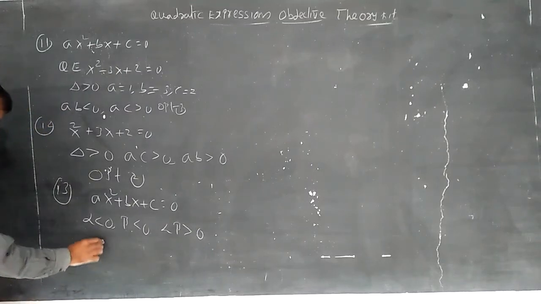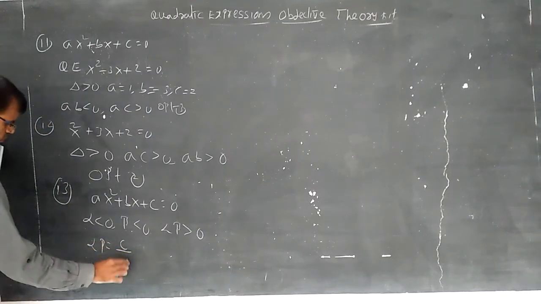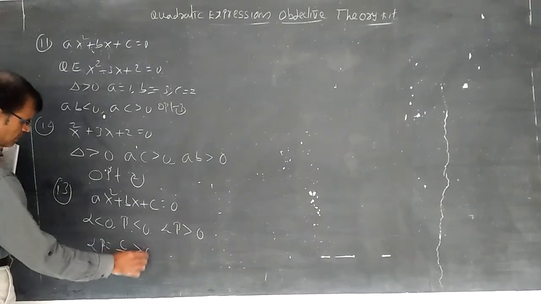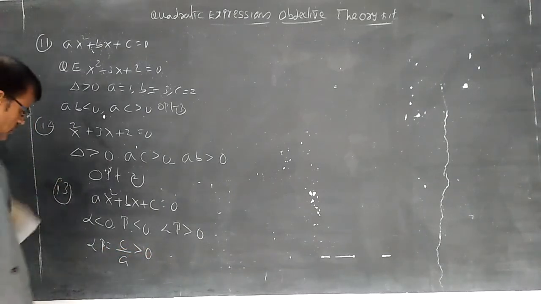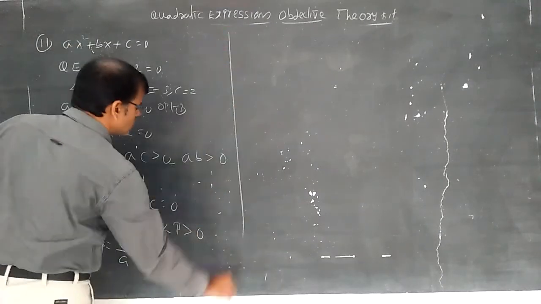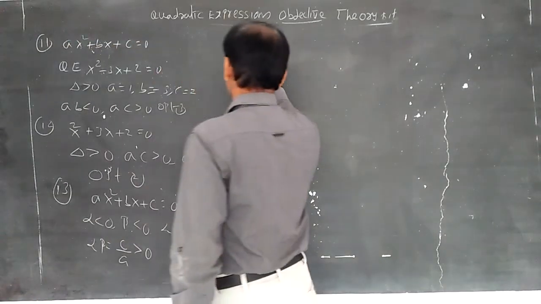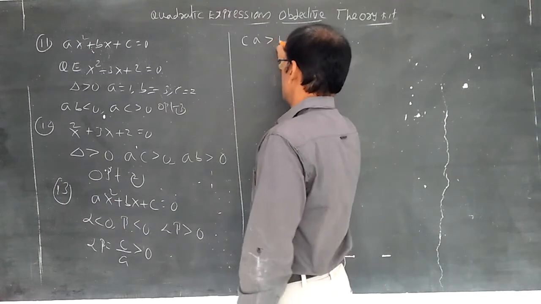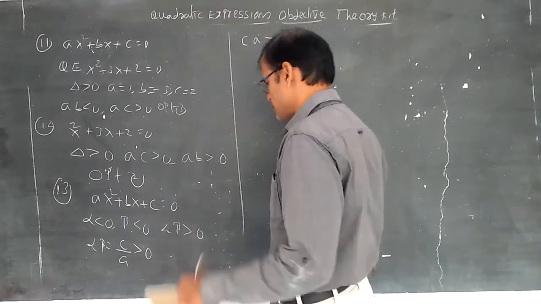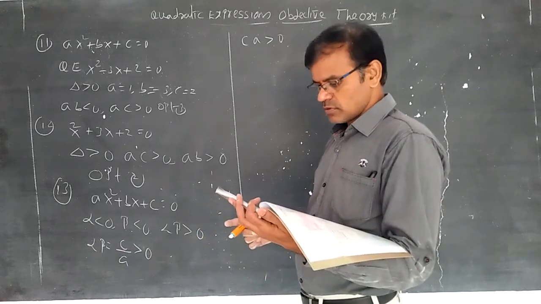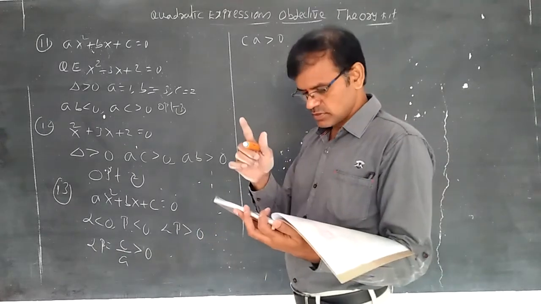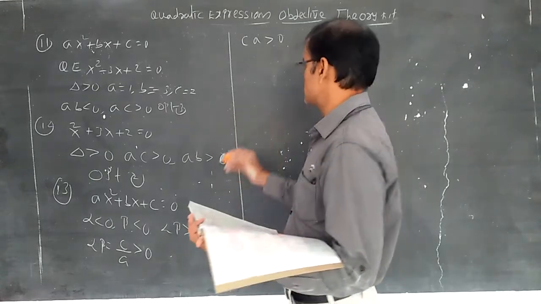Whenever alpha beta is greater than 0, alpha beta is equal to c by a, so c by a should be greater than 0. Given both roots are negative, c by a greater than 0. Multiplying with a, it becomes ca greater than 0. Given that b less than 0.